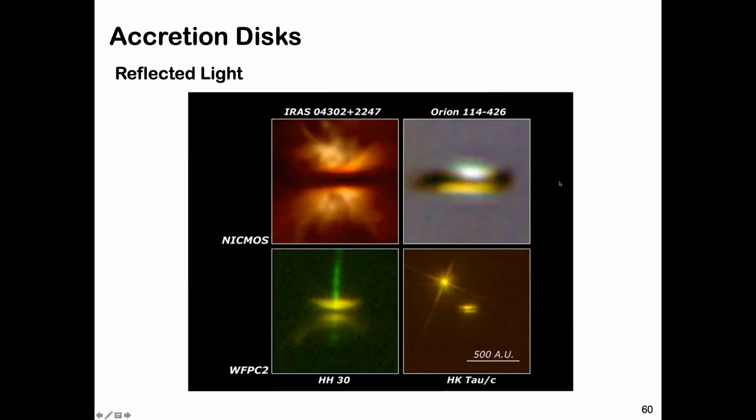So these are some examples coming from scattered light. Sorry, this is just reflected light, scattered light from disks. You see in some cases jets in the optical, and for this you have to be in a relatively evolved system where you basically get rid of the mother cloud of the envelope, otherwise you cannot see these short wavelengths.